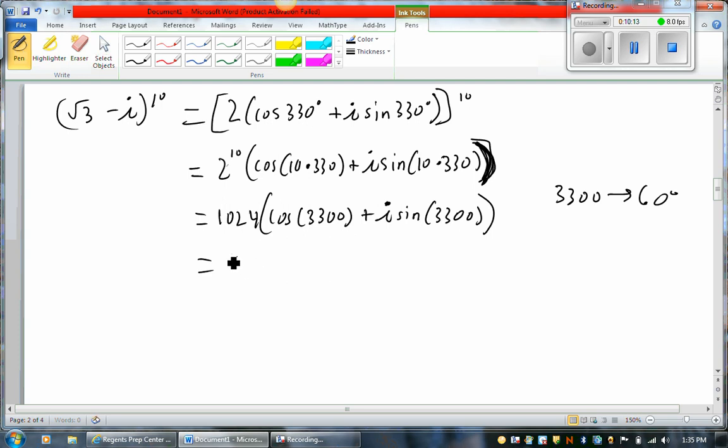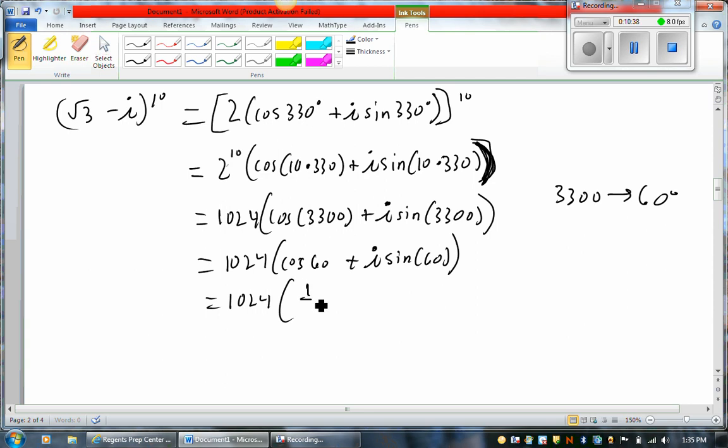So we can think of this as 1024 times the cosine of 60 plus i times the sine of 60. And of course that's 1024.